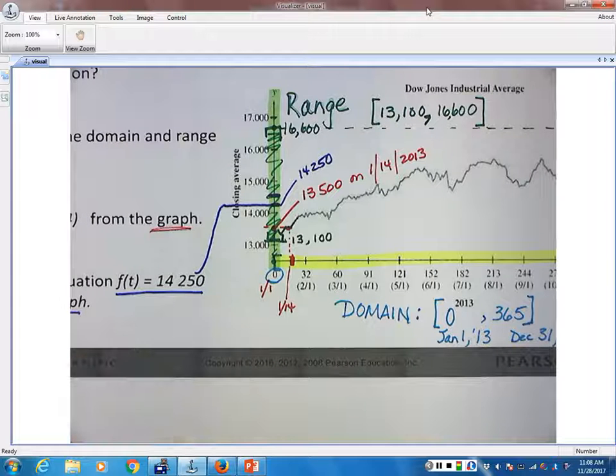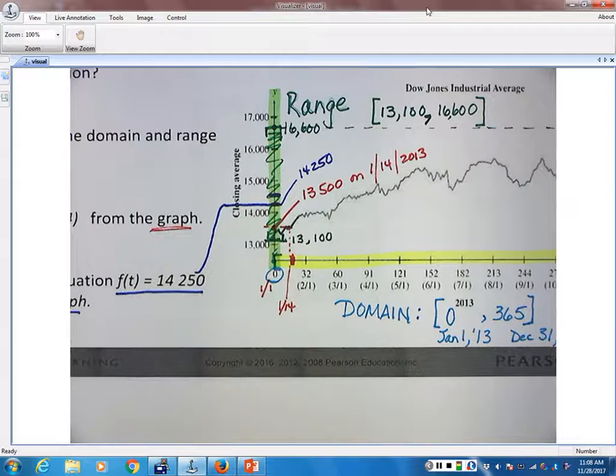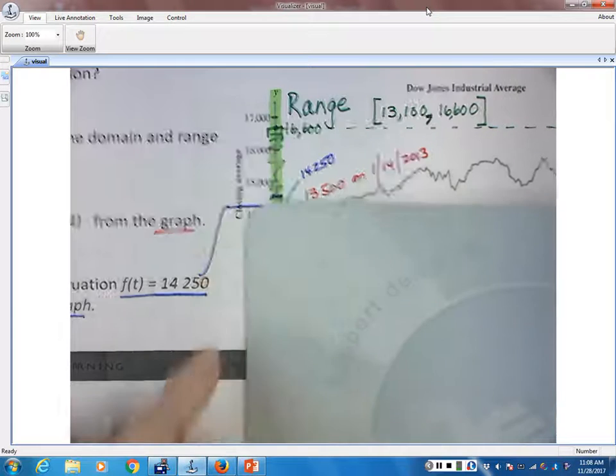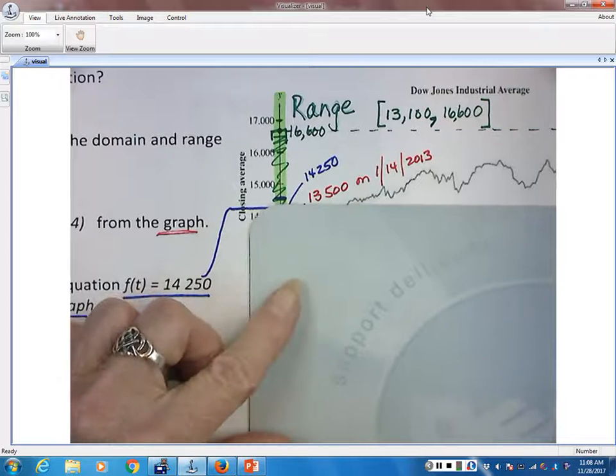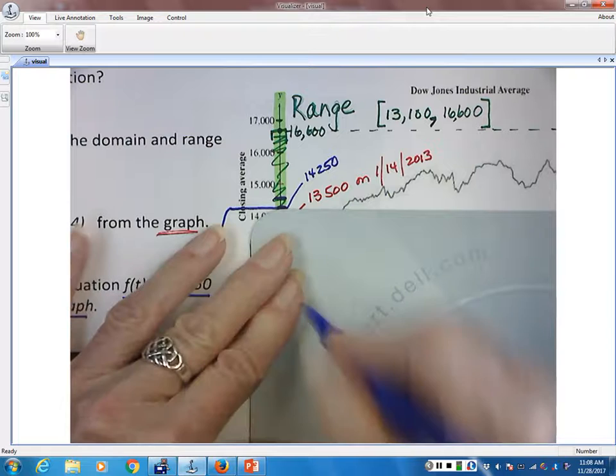And what we're trying to find now, we've got the dependent value. We're trying to go back and discover what the independent value was. And the way that we do that is kind of the way we did a minute ago. We're going to draw a line from 14,250 until we see where it hits the graph.